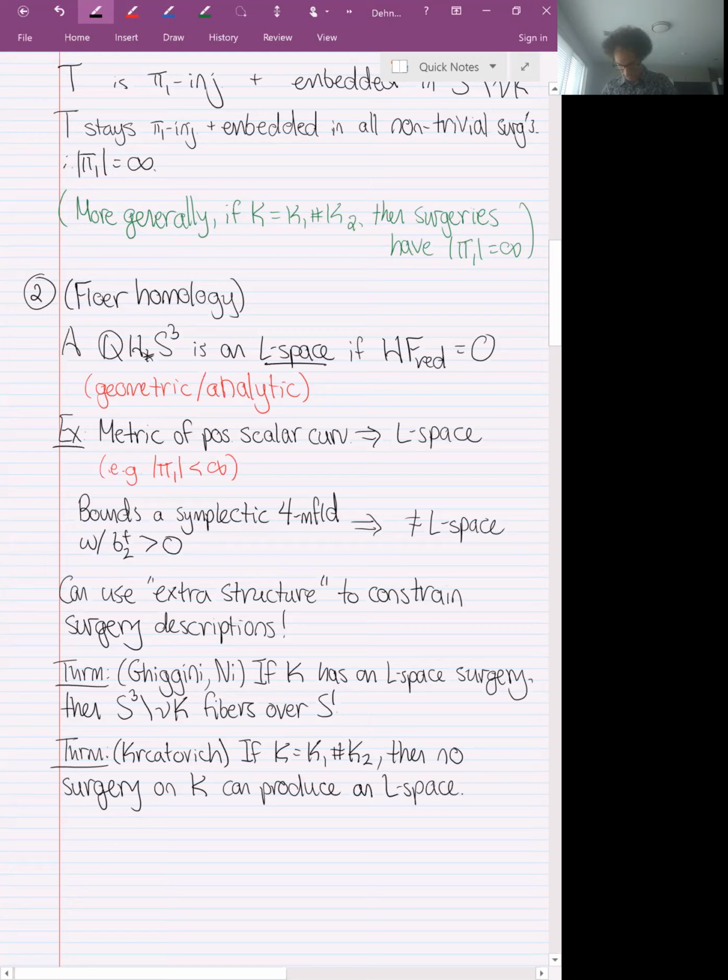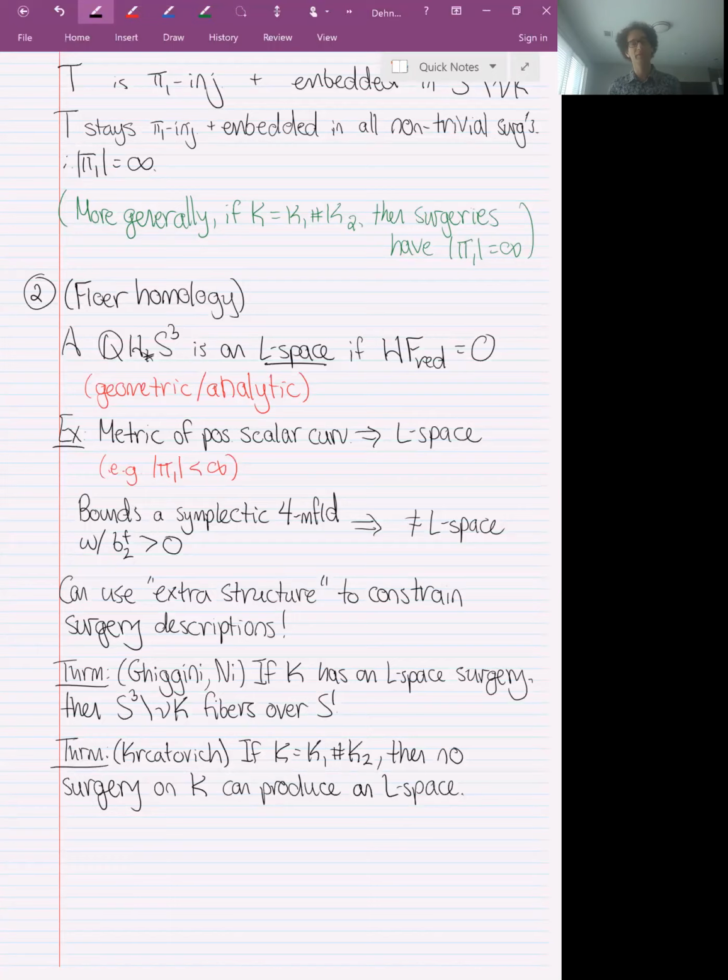So using these Floer homology techniques, we can sort of reprove this fact, that surgery on what we call a composite knot, a connected sum of knots, will always have infinite fundamental group. But actually we're obstructing these surgeries to a broader class of three-manifolds.